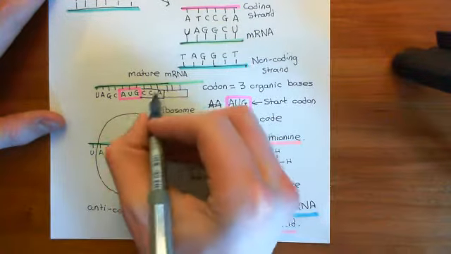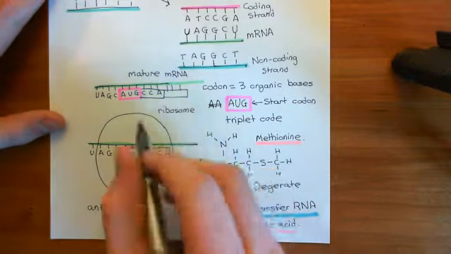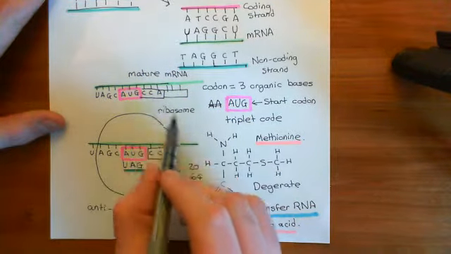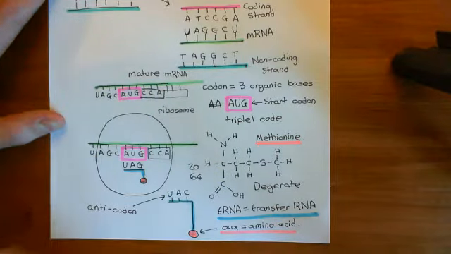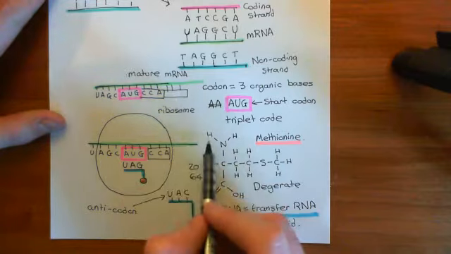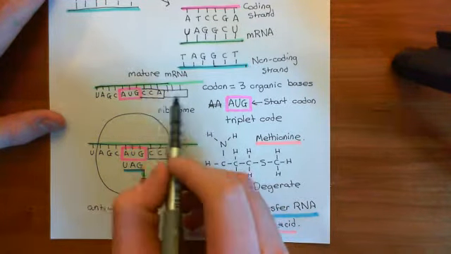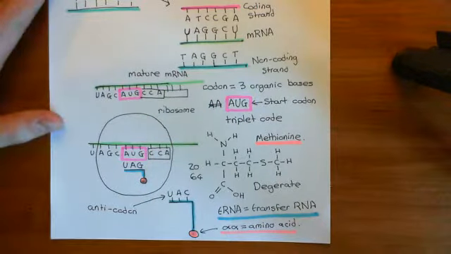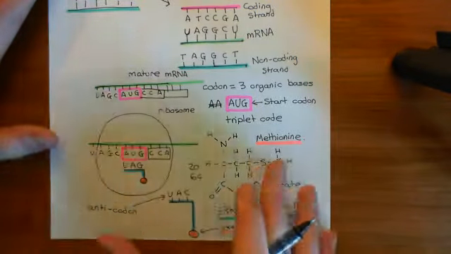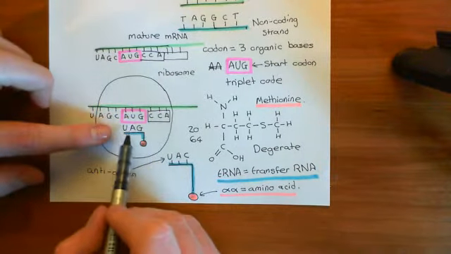So, for instance, CCA might code for a certain amino acid, and I don't know off the top of my head which specific amino acid that codes for. And there might be another codon which codes for the same amino acid, basically, but the two codons are not the same.